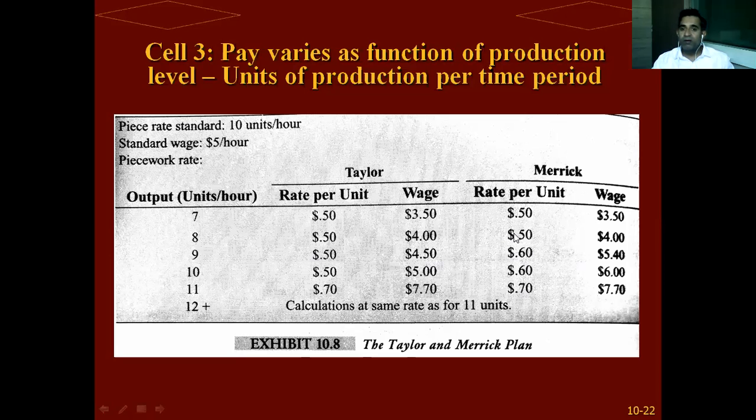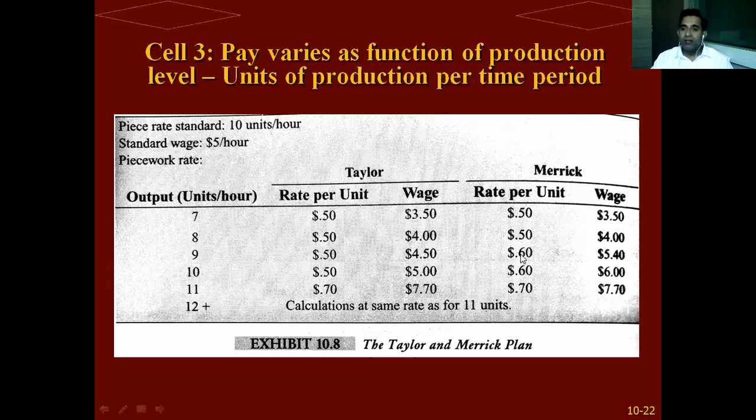So the employees who have produced up to 8 units per hour are given a wage at the rate of half a dollar per unit. Employee number 1 has produced 7, employee number 2 has produced 8. So for 8 or fewer units manufactured, the employees are paid at a rate of half a dollar per unit.